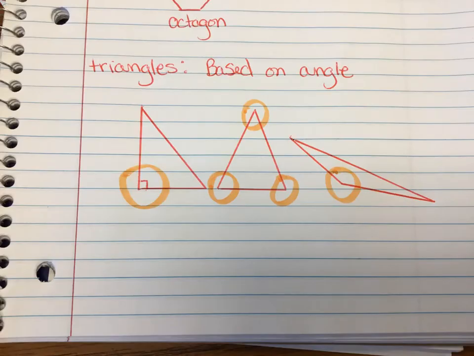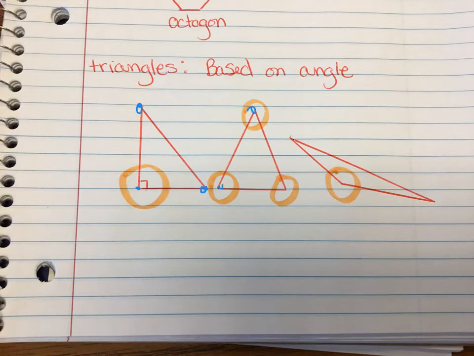So now we need to talk about how we can name triangles based on their angles. There are 3 types of triangles based on the angles that they make. We learned yesterday that angles are where two rays meet. So each one of these triangles has 3 angles in it.